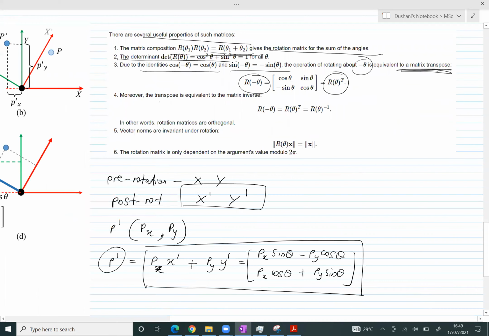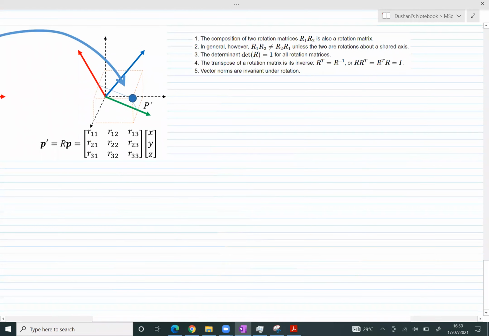The transpose is also equivalent to the matrix inverse. In other words, rotation matrices are orthogonal. And then vector norms are invariant under rotation. The rotation matrix is only dependent on the argument's value modulo 2 pi. These are only for additional knowledge, just to read and understand.